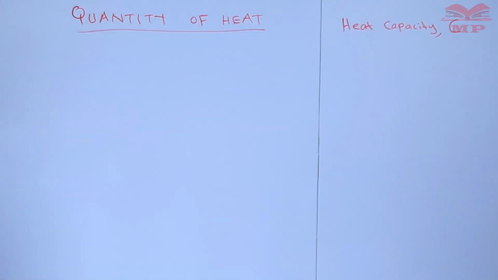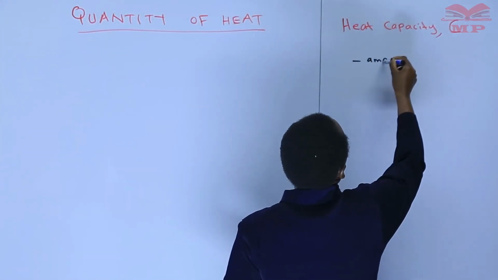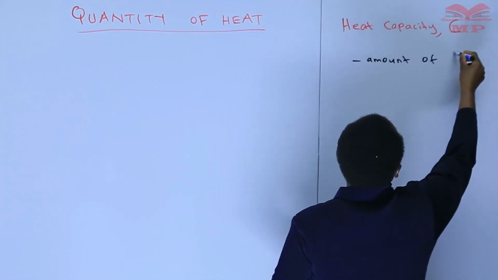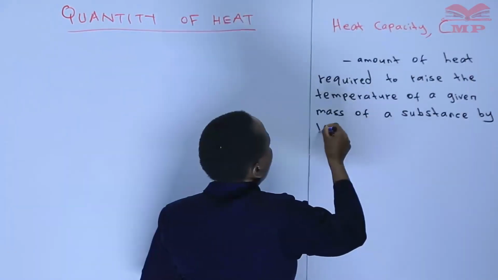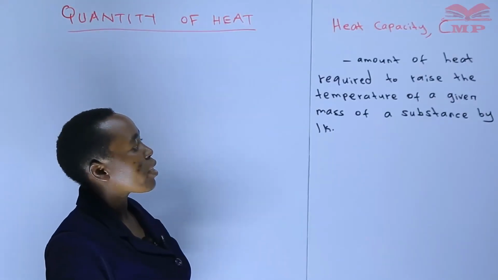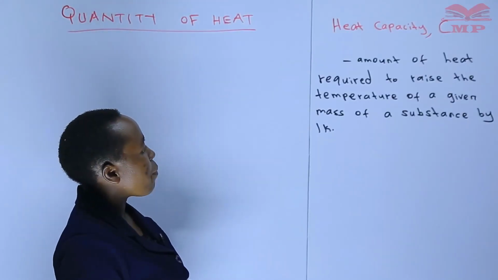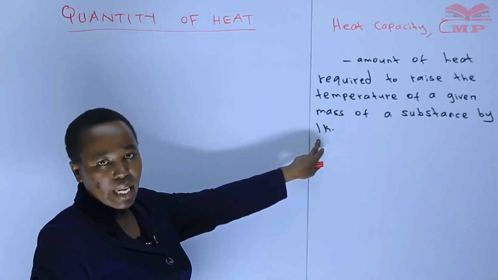So we can define it here and say that this is the amount of heat. So that is heat capacity, the amount of heat required to raise the temperature of a given mass of a substance by 1 Kelvin.